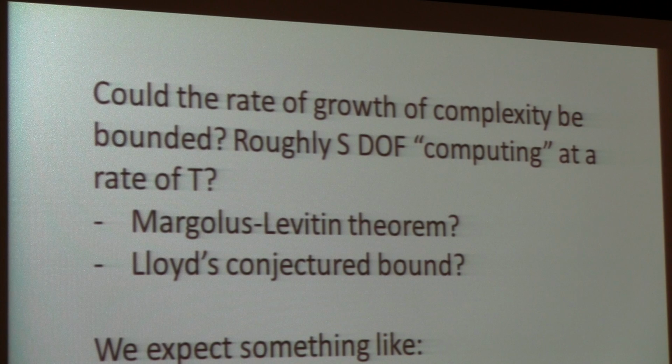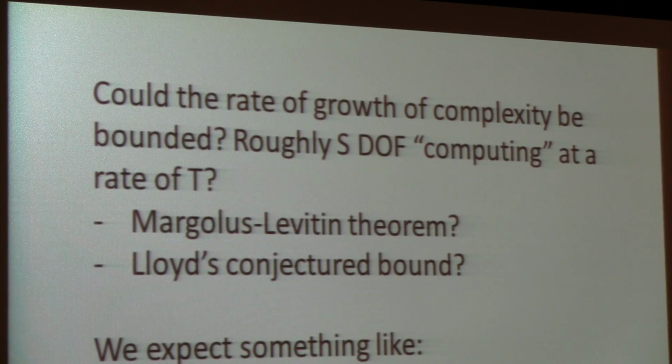And there's also a bound by a conjecture by Seth Lloyd at MIT, which is really partially based on this Margolus-Levitin theorem, that there's some idea that the fastest that you could compute is proportional to the energy you have available to you. Remember we were talking about TS, that was the wormhole growth. Well, TS was roughly the energy, up to some order 1 factor, the energy above the ground state.